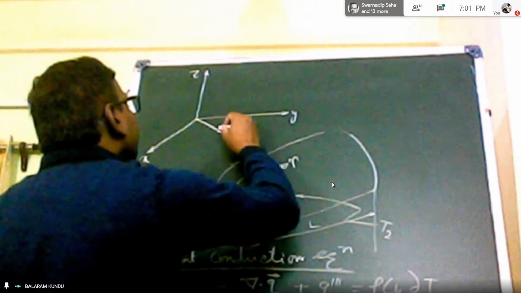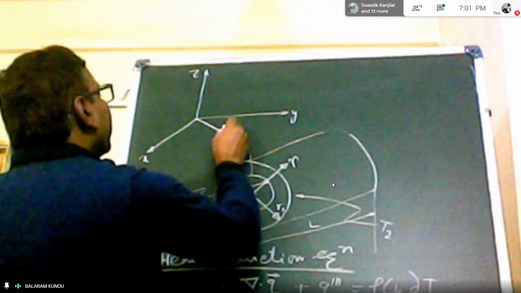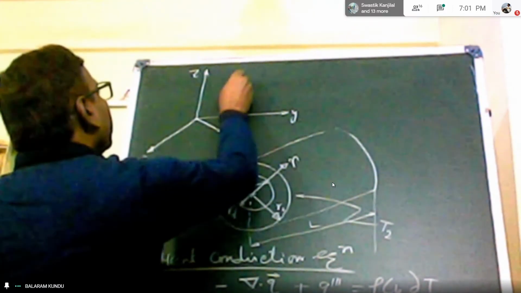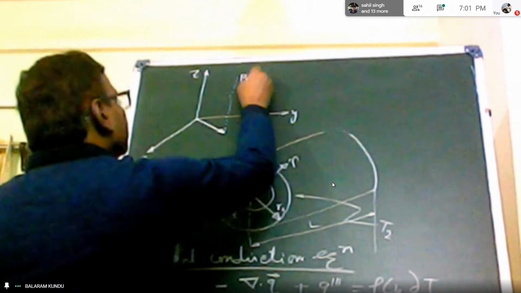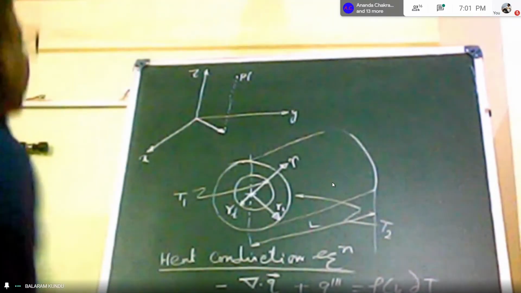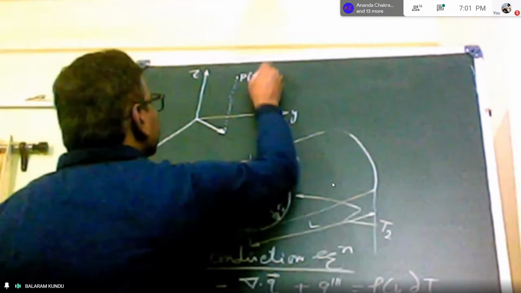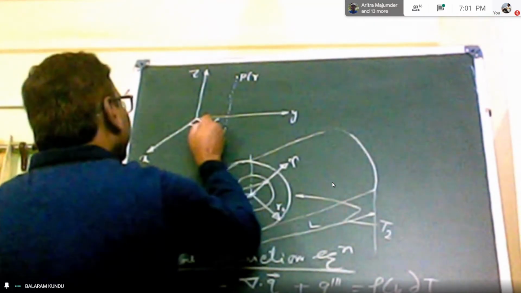So this is your radius r, and your point P can be identified by using the coordinate r. This is your r coordinate, and this angle is phi.